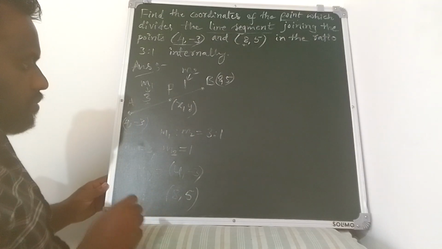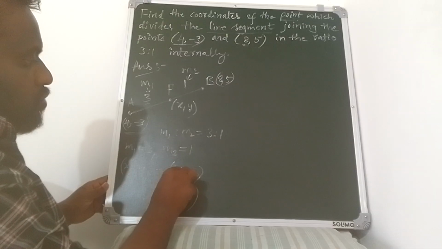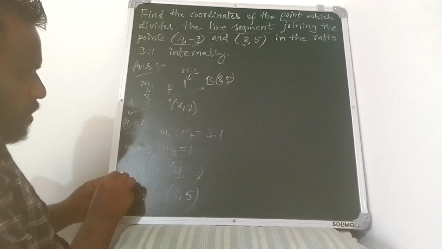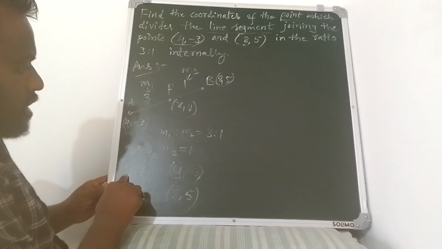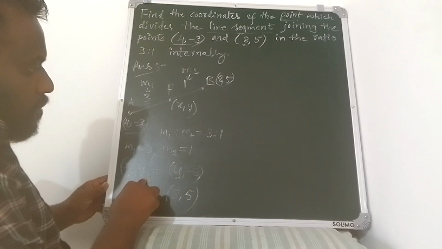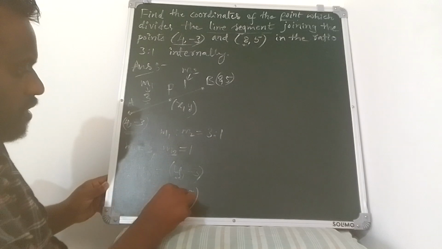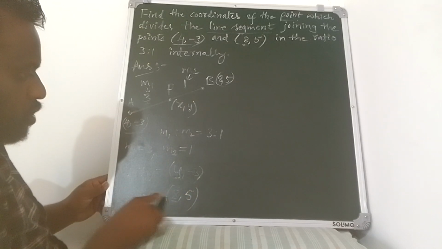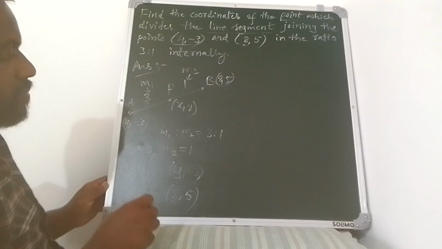So for (x1, y1) = (4, -3), the first one is x1, so x1 is equal to 4 and y1 is equal to -3. Similarly, x2 is equal to 8 and y2 is equal to 5.